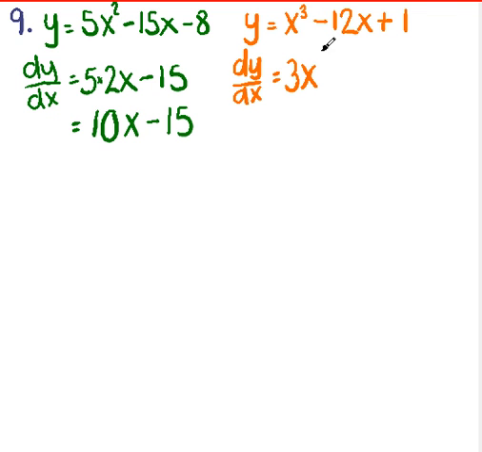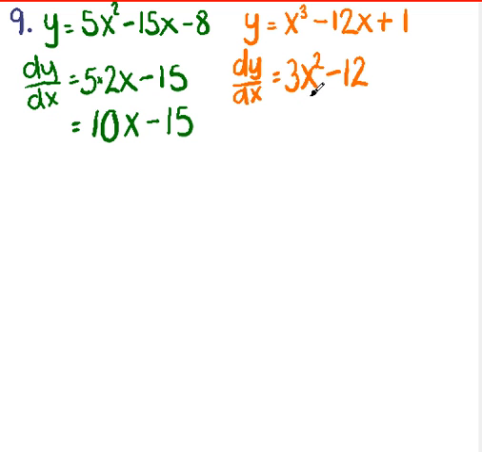Subtracting 1 from the index leaves us with 2. And we have minus 12x is our next term. Differentiating that leaves us with minus 12. And differentiating the number on the end makes it disappear. So what we have now is a second expression for the gradient. This one is for the orange graph.